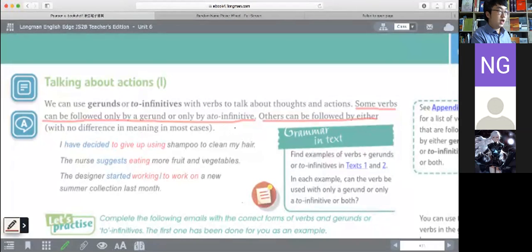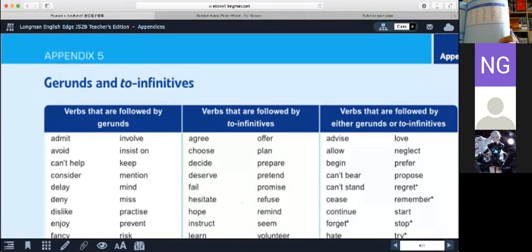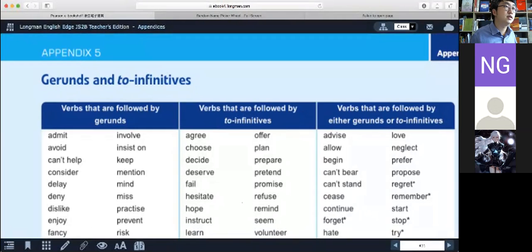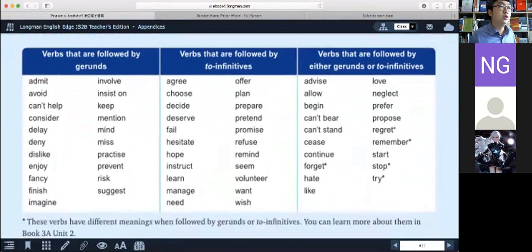Page A11. This page. I told you this page is very important. At least the first two columns here are important. If you don't remember this part, it's fine.